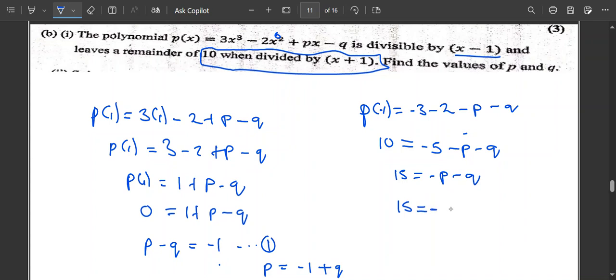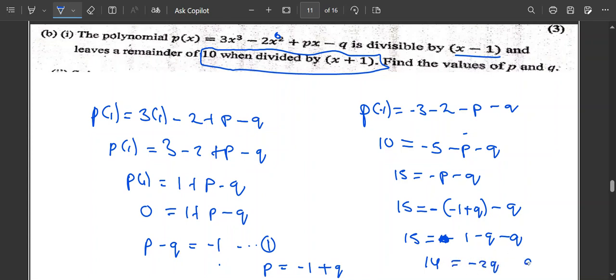So negative open bracket P is now negative 1 plus Q, minus Q. Then I'll say 15 is equal to, this is now plus 1. So this time that is 1, then this time that is negative Q, then minus Q. So it will come there, then that will be 14 is equal to negative 2Q.